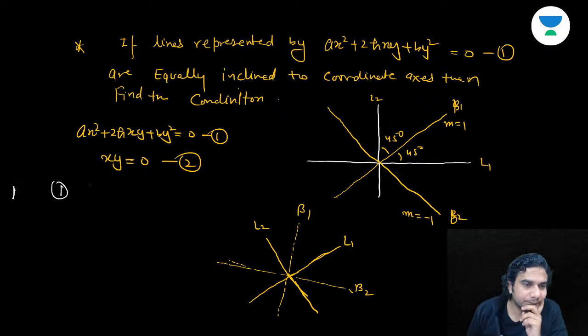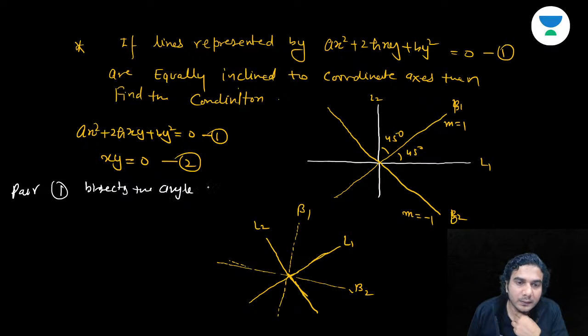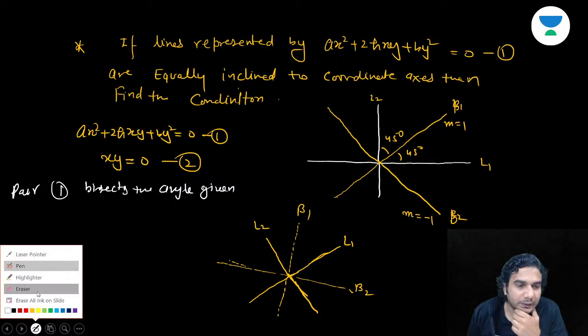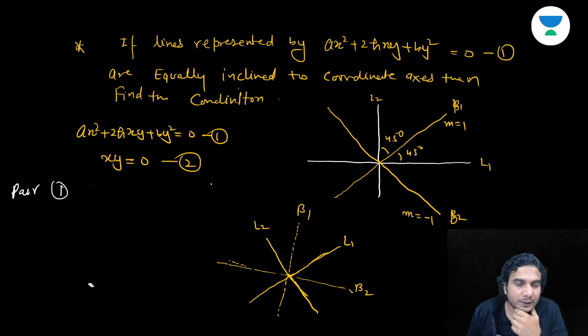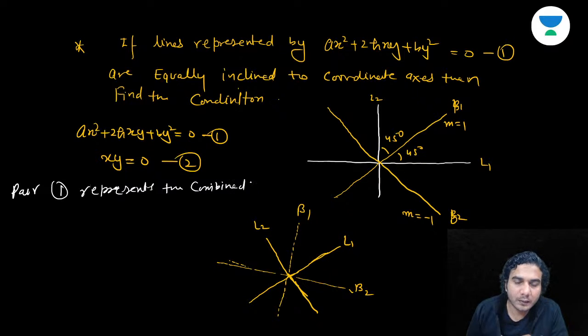Pair 1 represents the combined equation of angle bisectors of pair 2, right?